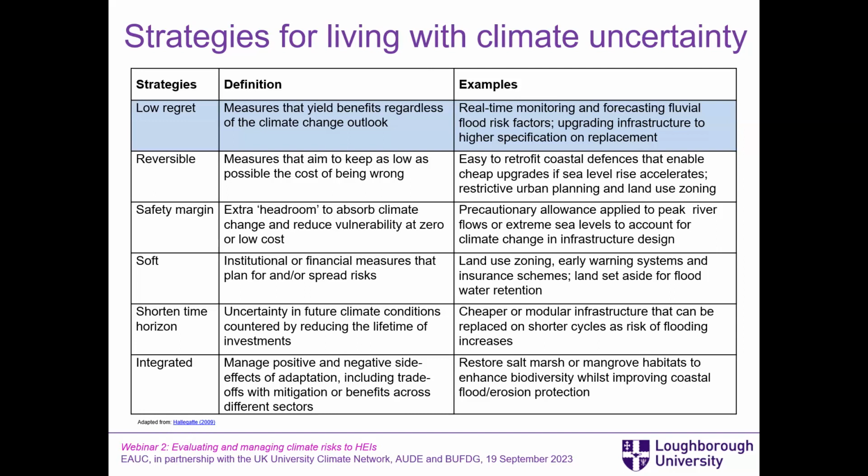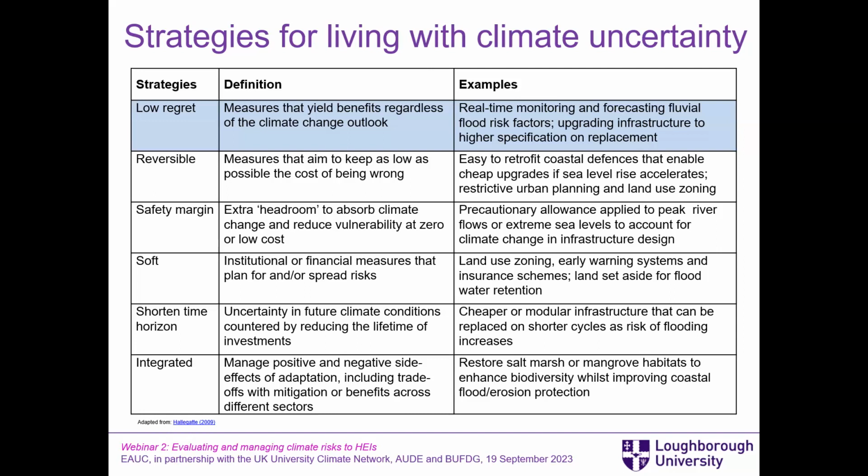So there's sensible things we can do. Low regret I single out because these are the types of action that we can implement that will give us benefits now, regardless of the pace and even sometimes the direction of climate change, which may be highly uncertain.